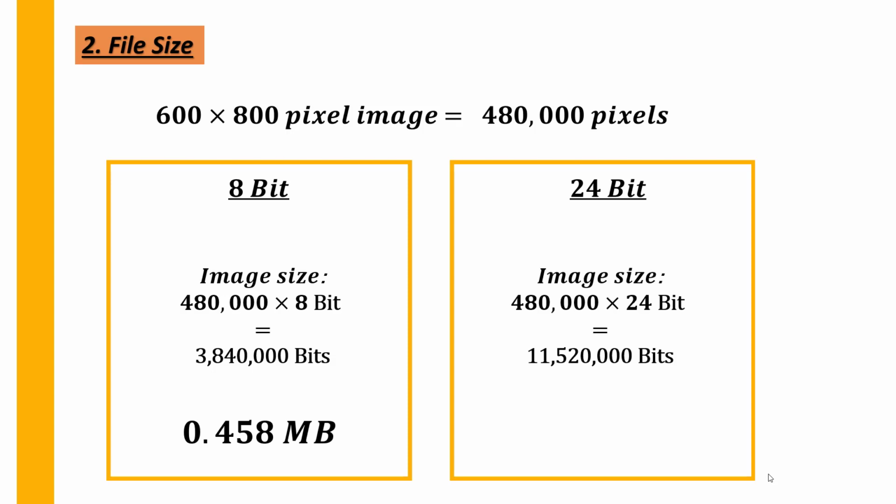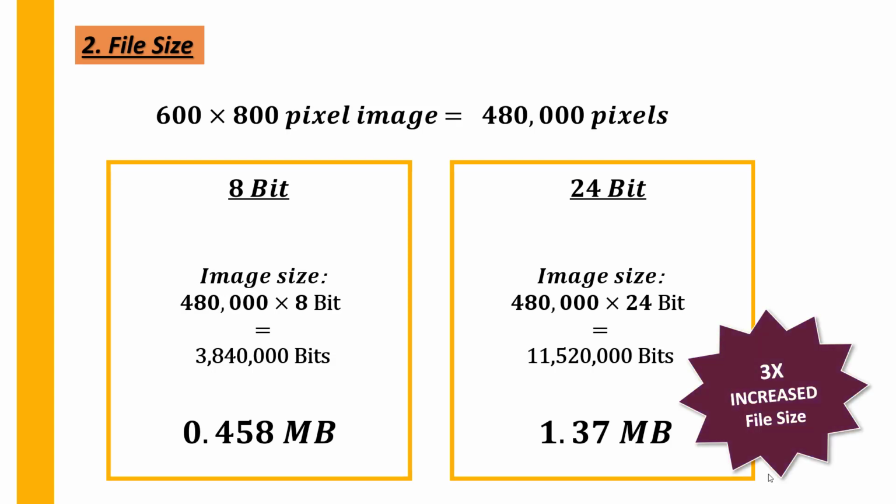For 24-bit, the image size is 480,000 times 24 bits. This equals 1.37 megabyte. So the file size has increased 3 times. This shows that there is again a direct relationship between color depth and file size.